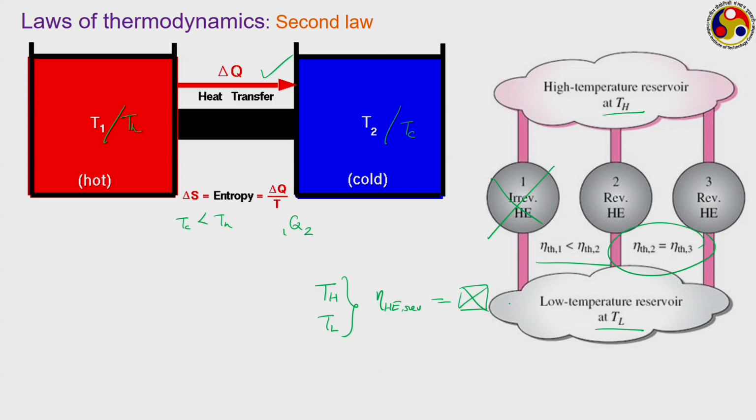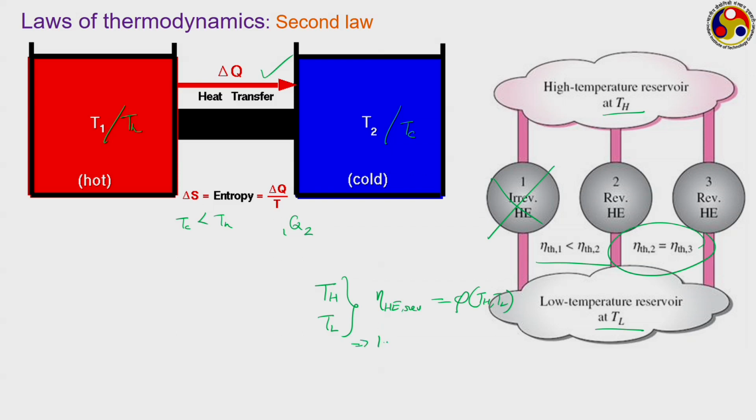You can't change it by changing the nature of the reversible cycle, it will always be the same as long as the temperatures Th and Tl are given. What does that suggest? Then this efficiency has to be a function of only these two temperatures and nothing else.